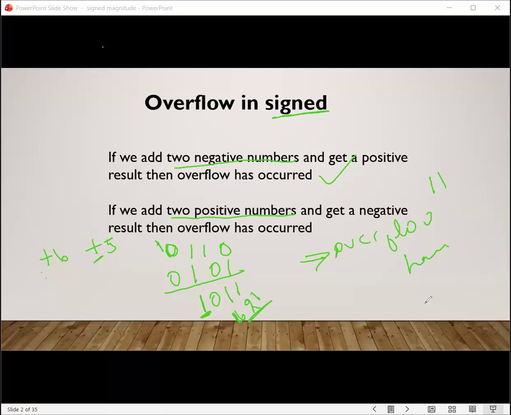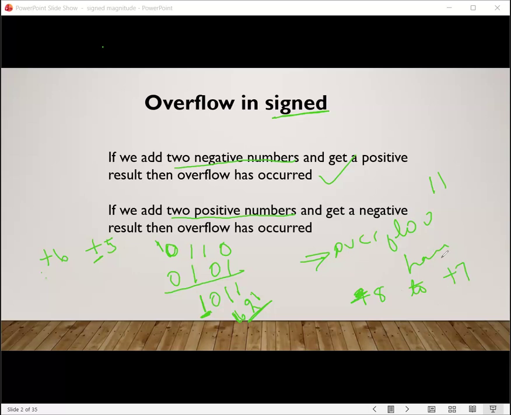The result is 1, 0, 1, 1. This is a negative number because the MSB, the most significant bit, is 1, which denotes that this is a negative number. But actually the result should be positive. This has to be 0. The reason is that 11 is out of range. Why does this happen? Because this is a 4-bit number, right? The range of a 4-bit number is minus 8 to plus 7.